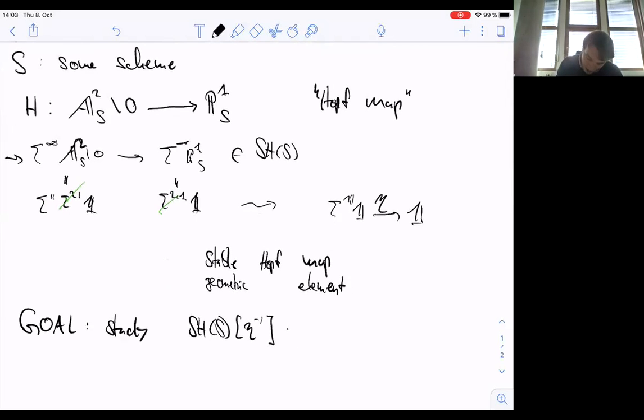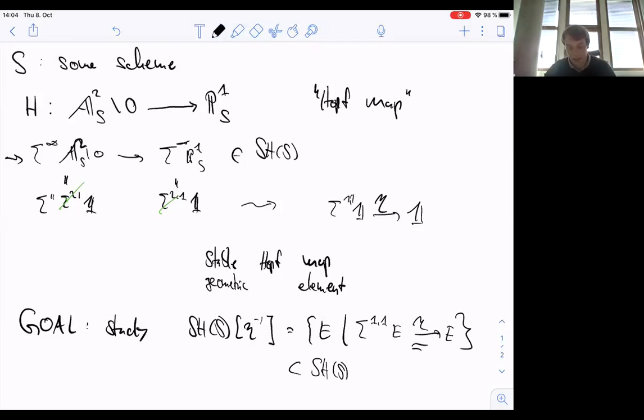So this is the category of all those spectra E such that the map sigma^{1,1} E to E, induced by eta, is an equivalence. This is a full subcategory of SH(S).